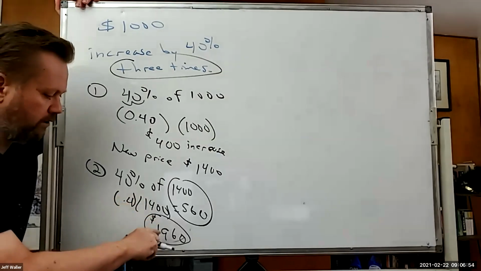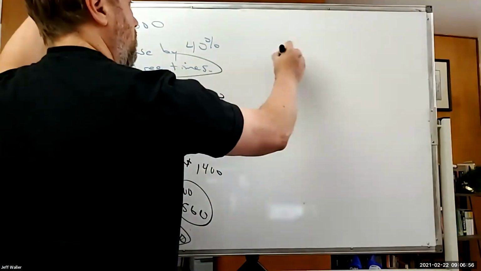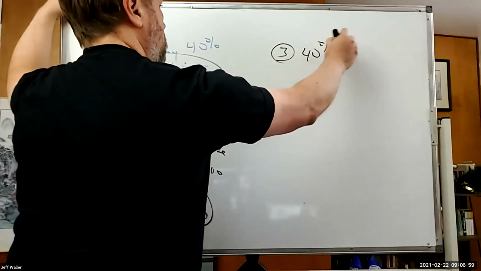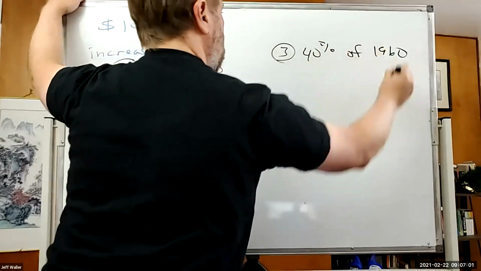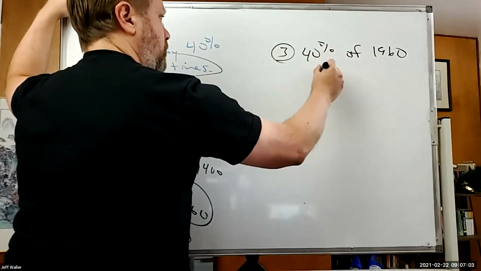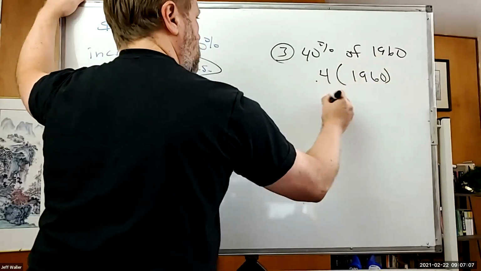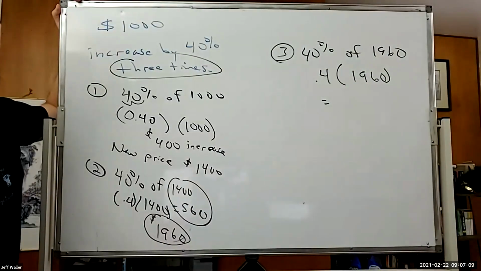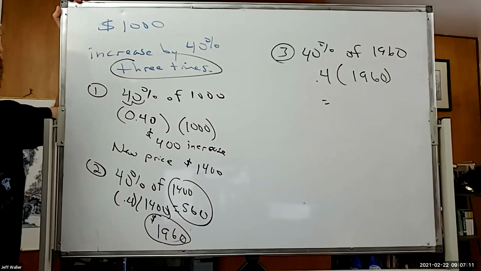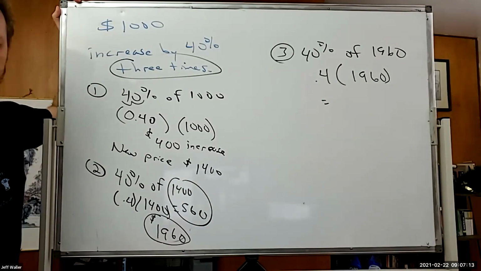All right. Now I'm going to increase that by 40% again. So 40% of 1960. That becomes 0.4 times 1960, and then whatever that is. Is that 776?